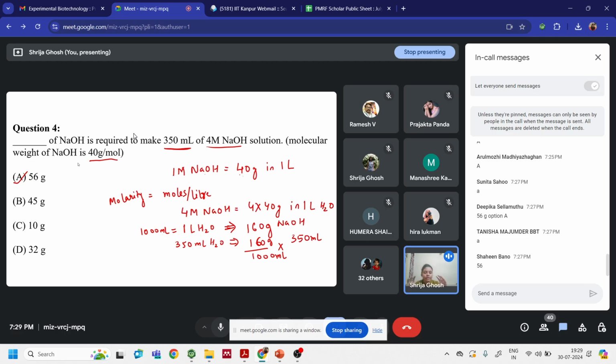It's written as grams per mole, that means 1 mole has that many grams. Once you have the molecular weight, you can easily calculate the amount for 1 liter. Now if you know the amount for 1 molar and 1 liter, you have the factors. Whatever is given in the question, it was 4 molar, so we calculated for 4 molar. It was 350 ml, so we calculated for 350 ml. I hope there is no doubt in this.